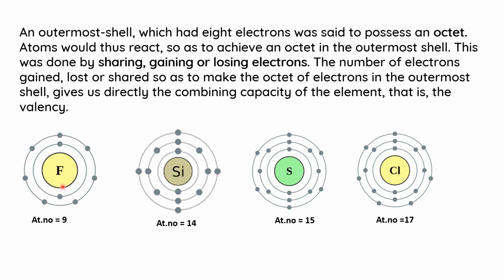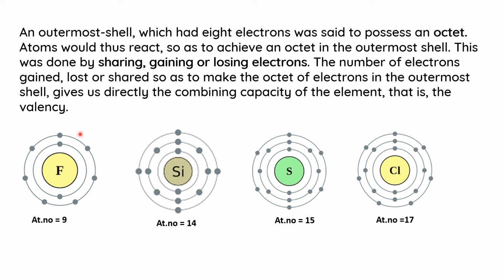In fluorine, this is the outermost shell, the valence shell. So for getting the octet, the fluorine atom needs 1 more electron into this valence shell.